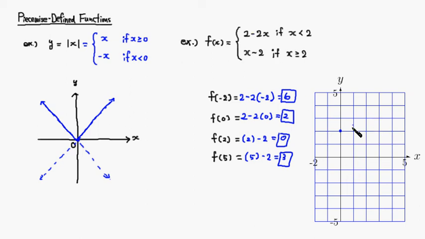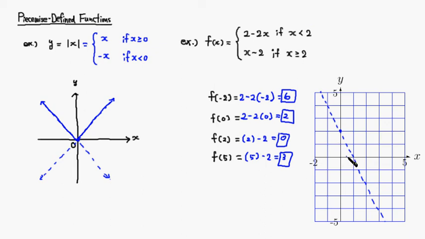So the graph looks somewhat like this, going down and through that y-intercept. We get to keep this graph when x is strictly less than 2.